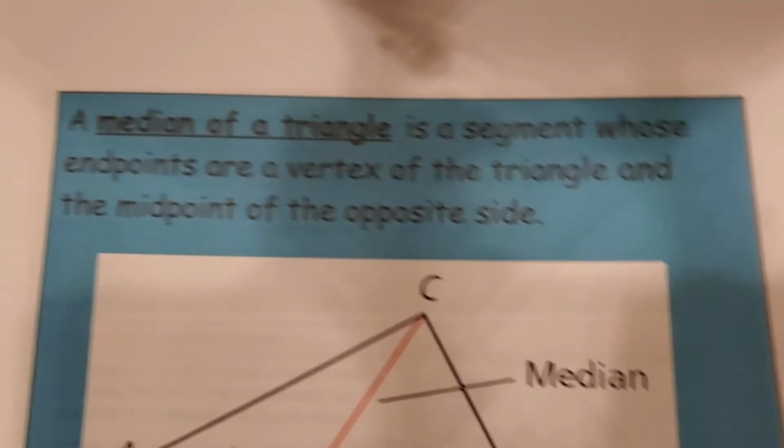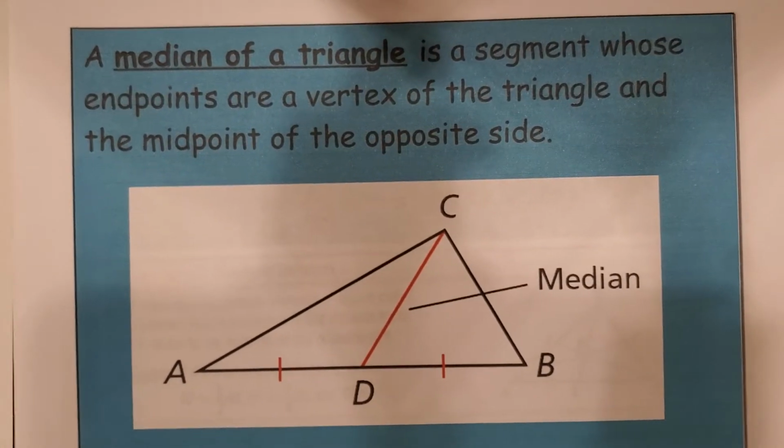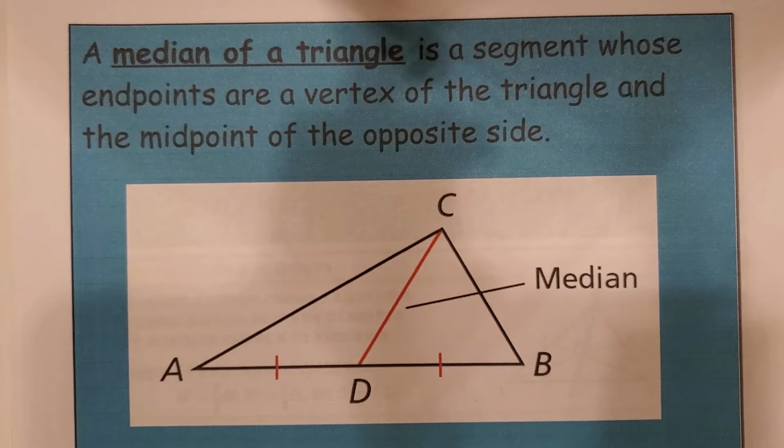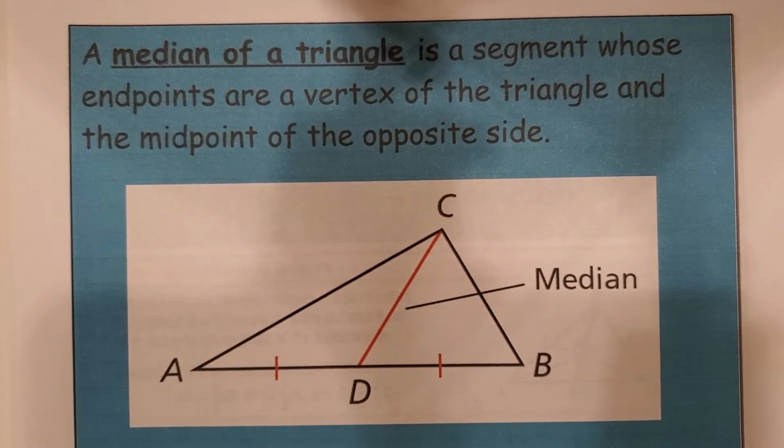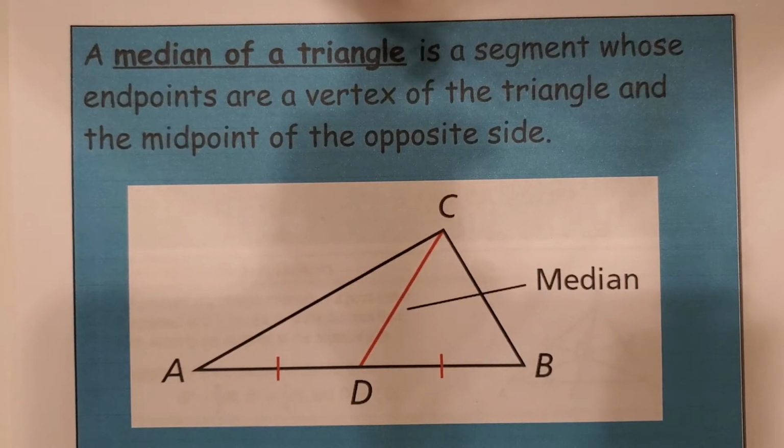So, diving right in. A median is a segment whose endpoints are a vertex of a triangle and the midpoint of the opposite side. So as you can see here, CD is a median. I think you're going to notice between medians and altitudes, they take separate properties of perpendicular bisectors. One is perpendicular, one is a bisector.